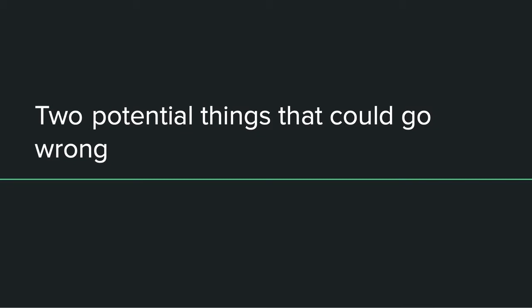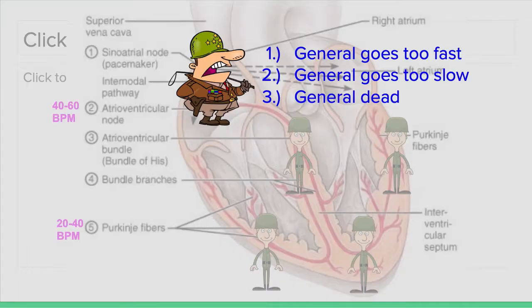But what we're going to see today is two very general things that could go wrong that would make our ECG look pretty weird and potentially life-threatening. One thing that could happen is that the general misbehaves. Our leader, our pacemaker, misbehaves.